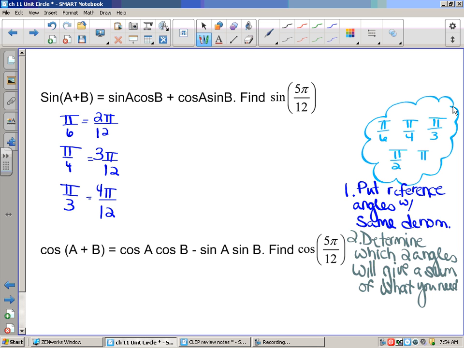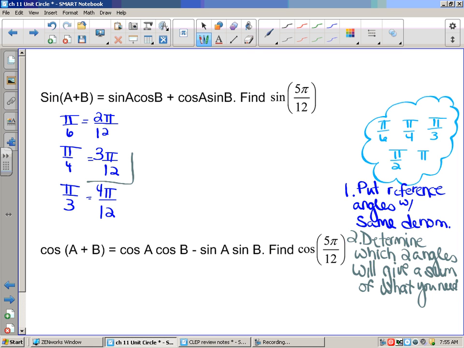I will tell you that there may be times that you have to go into the other quadrants, and we'll look at those examples more in class. Depending on where it falls, you might have to go into the second, third, or fourth quadrants. If you're wondering how to know where 5 pi over 12 falls, think of 6 over 12, which would make that 1/2, so it's got to be in the first quadrant. That means I'm going to use the first quadrant reference angles. Hopefully that makes sense to you.